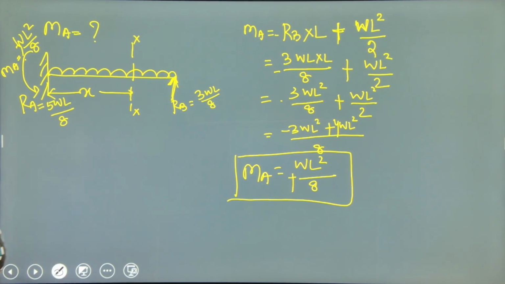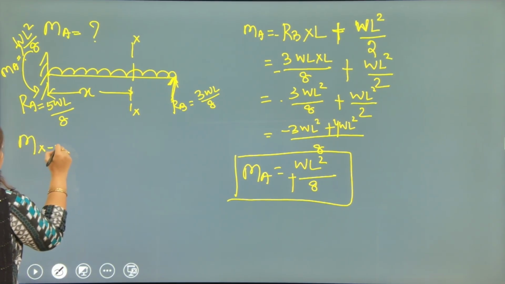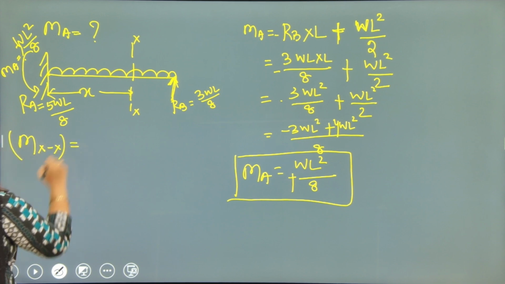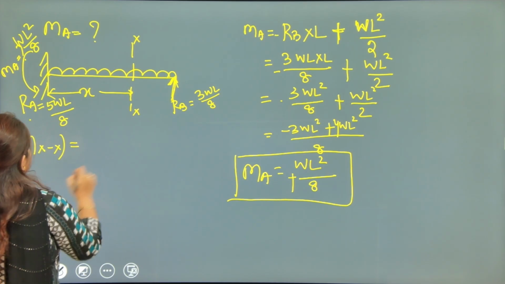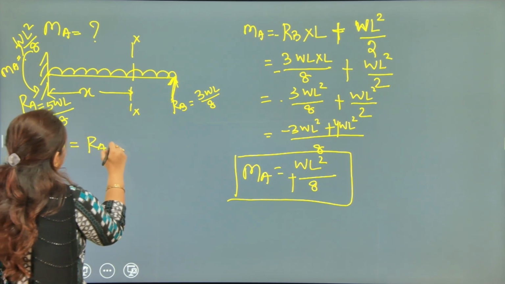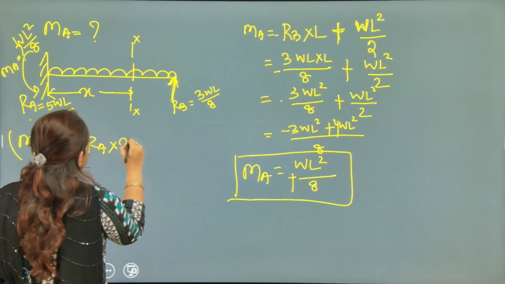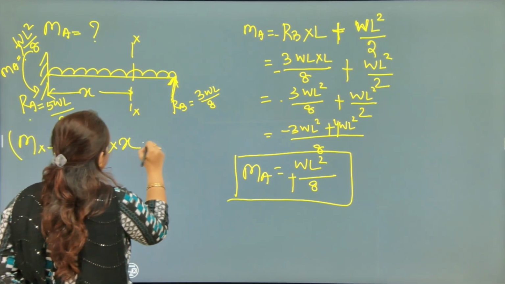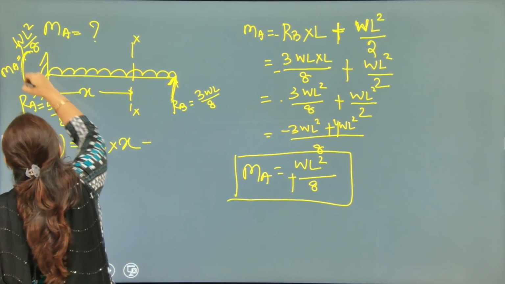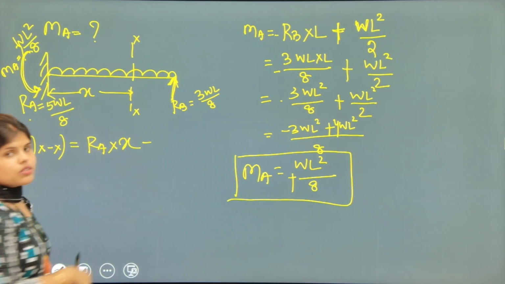So if we go for the moment at XX, that will be this RA multiplied with x.